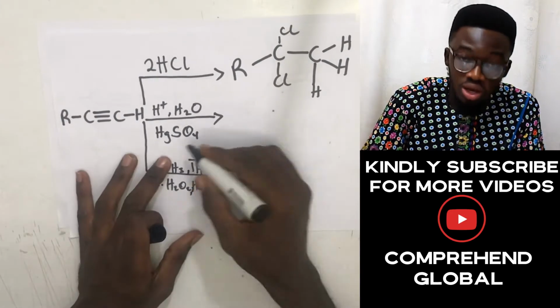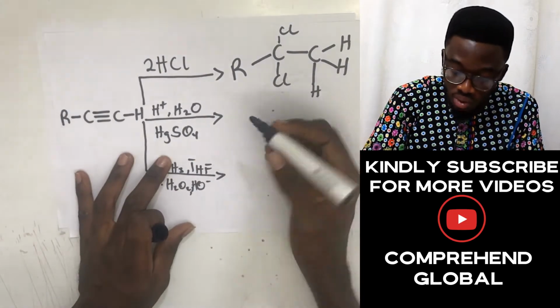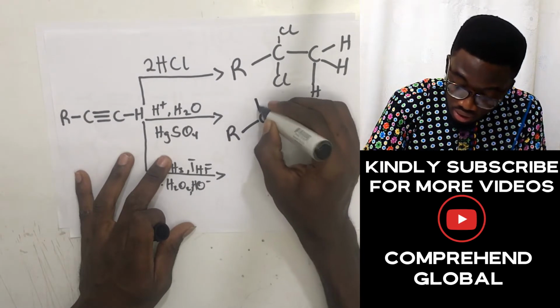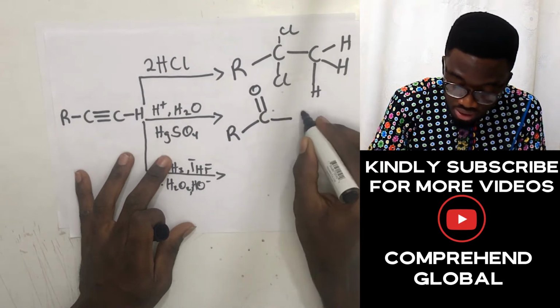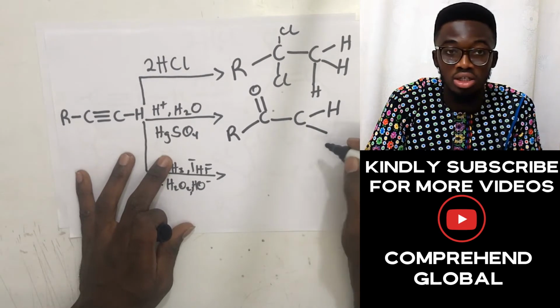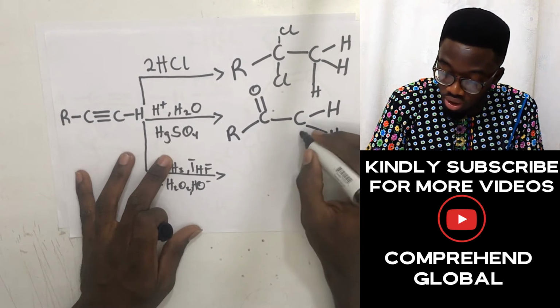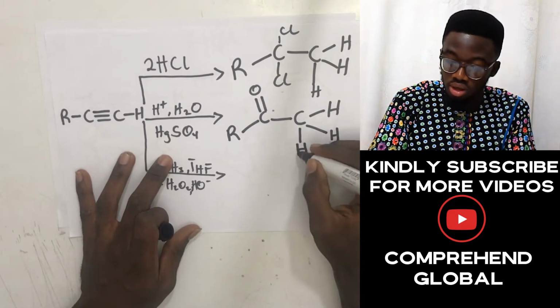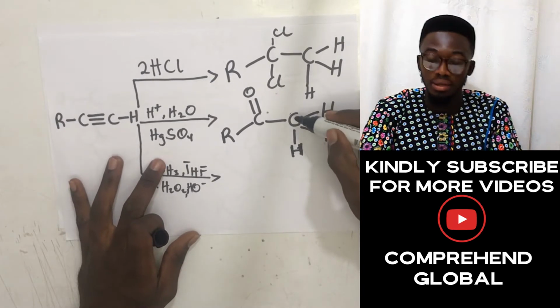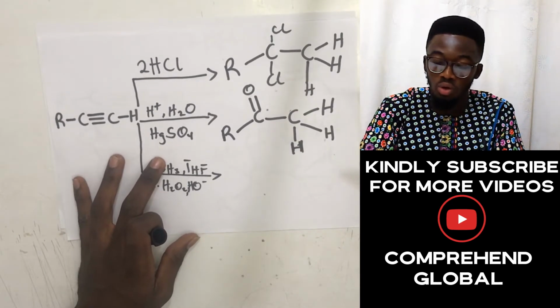So here we are going to get a compound like C double bond O, then CH, then the new H that we are having will come. So it's more of 2H is going to come to this side, then the carbonyl will be formed over there.